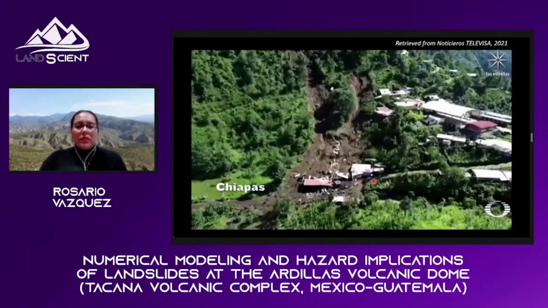I don't know if you can see this video, but if not, you can see here a very small landslide. It was a video, sorry, but this was a very small landslide that took place during the rainy season of last year, during September. And this community is the village named Chiquihuite.